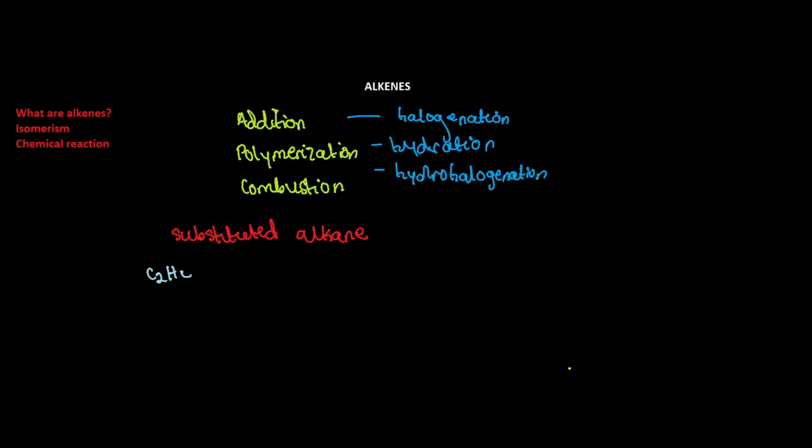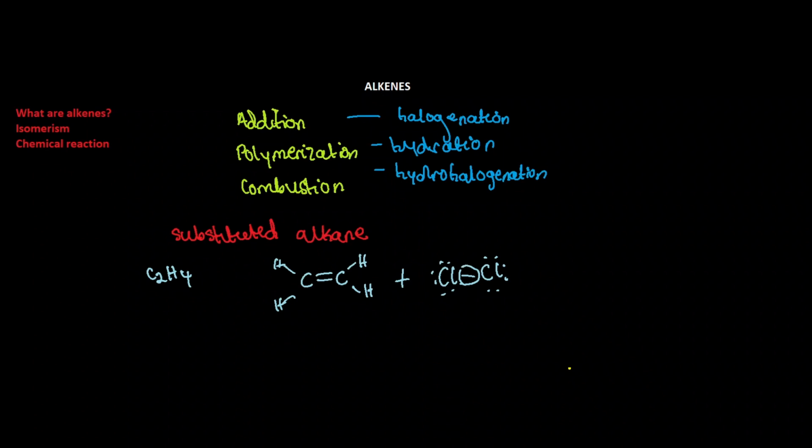Let's take an example with ethene, which is C2H4. The structural formula looks something like this. We have hydrogen attached here in this manner, and then we want to add chlorine to this. Chlorine looks something like this in its molecular form.